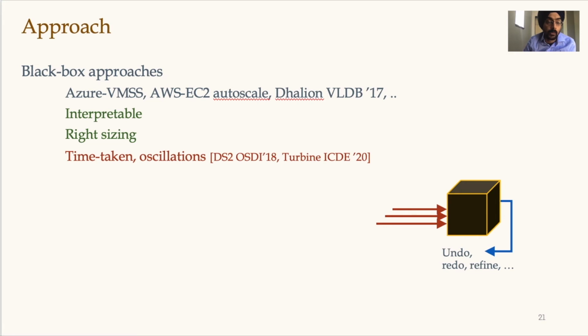This approach, although simple, understandable, and produces the right size, does not account for an application's internals, such as an application's CPU and memory use being coupled. It has been shown to exhibit oscillations, that is, the controller never converges or takes a long time to converge, neither of which is very desirable in production.